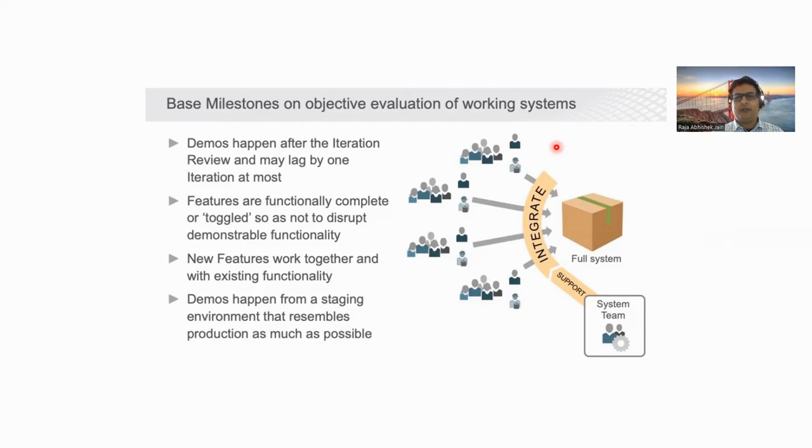They all come together, they integrate their work, and what they show is basically called the system demo. After completion of the iteration review by every team, all the teams under the SAFe come together, integrate their work, and demo their functionality. That is called system demo.